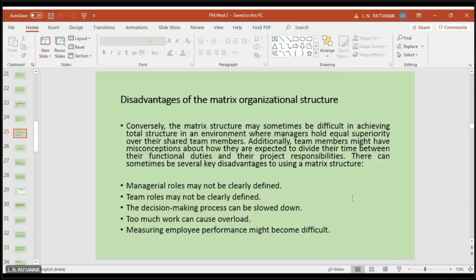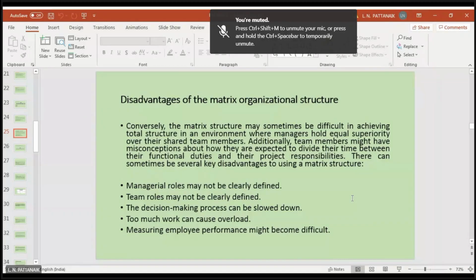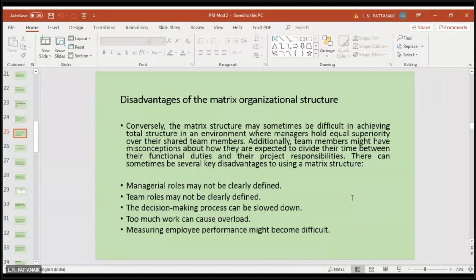The main disadvantage is that in this structure, most often you will have dual bosses, dual heads. Who are the two bosses? One boss is your original boss, your functional head from your parent company.